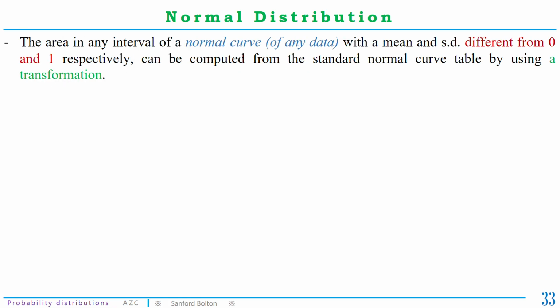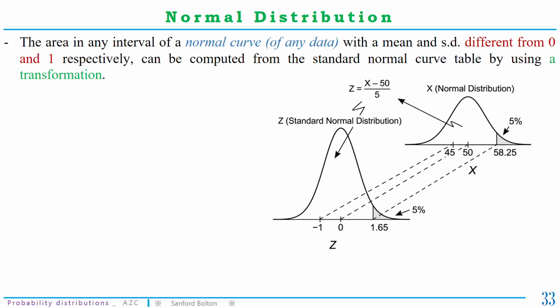The area in any interval of a normal curve of any data, with a mean and standard deviation different from 0 and 1 respectively, can be computed from the standard normal curve table by using a transformation.